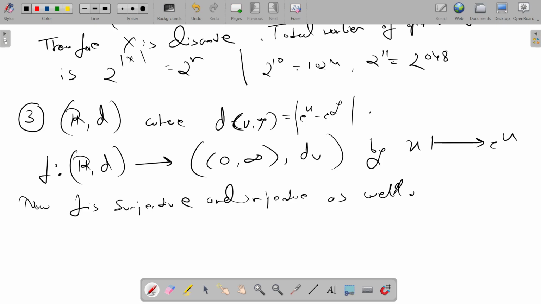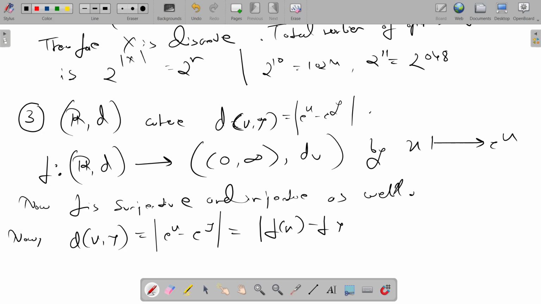Now d of x comma y, which is given by the absolute value of e to the power x minus e to the power y, is nothing but the absolute value of f of x minus f of y, which is the usual metric of f(x) comma f(y).